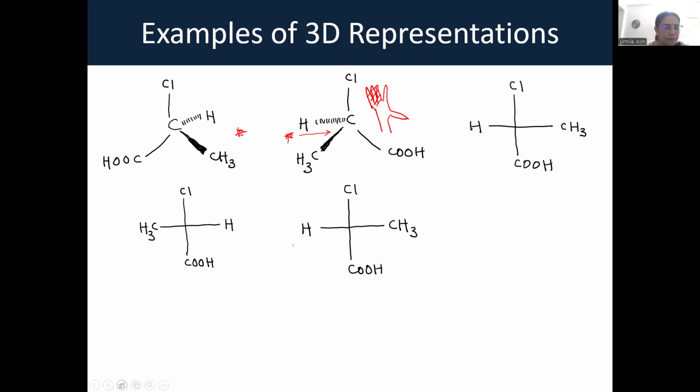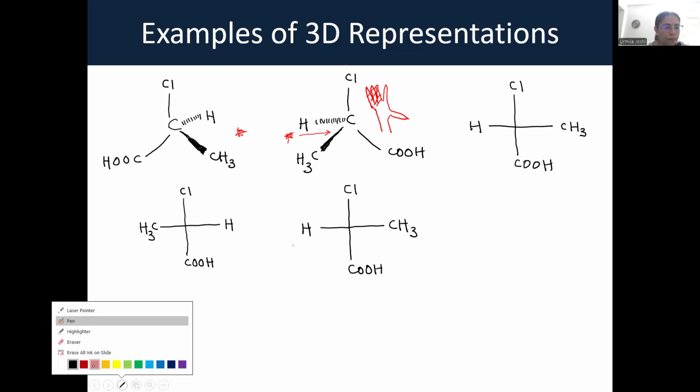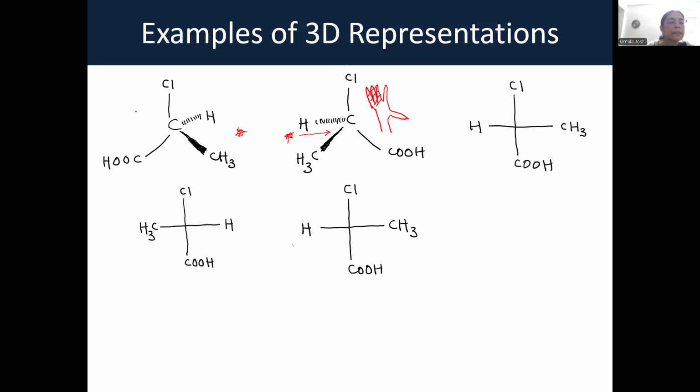Look at this. Now here, this is the finger. You are going to use your right hand over here. For this structure, you are going to use your right hand so that, see what happens, this finger and there are other fingers and your thumb is pointing like this.